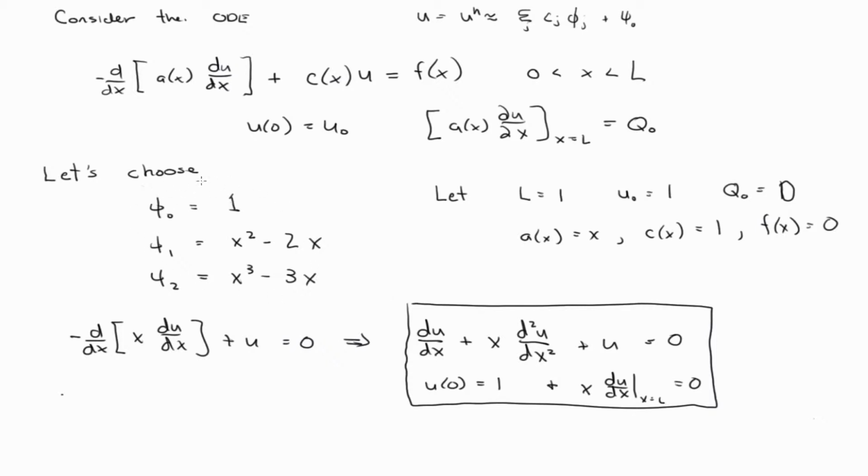So then if we plug our arbitrarily chosen approximations into our approximation space, the real solution u is approximated by UH, which is equal to C1 times x squared minus 2x, plus C2 times x cubed minus 3x, plus 1.